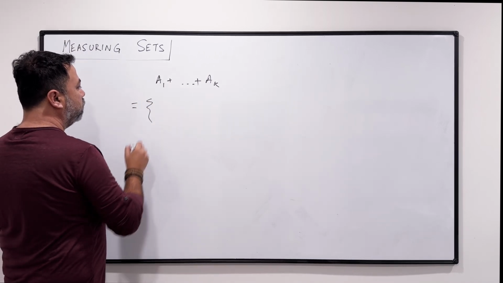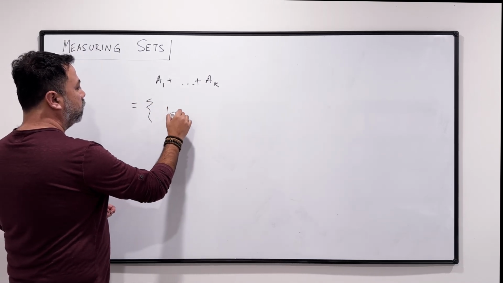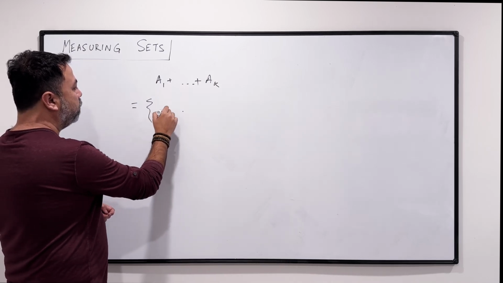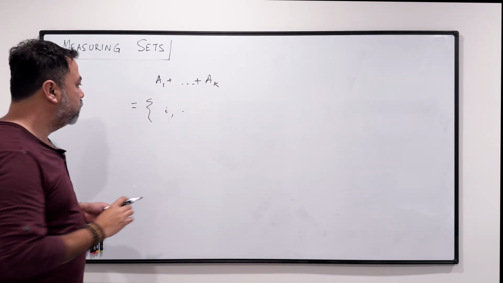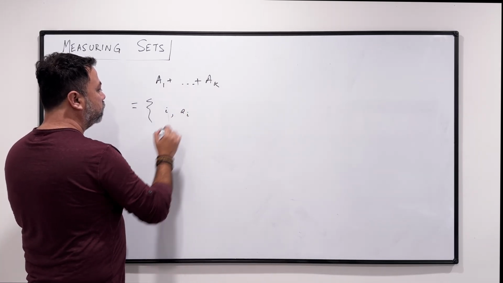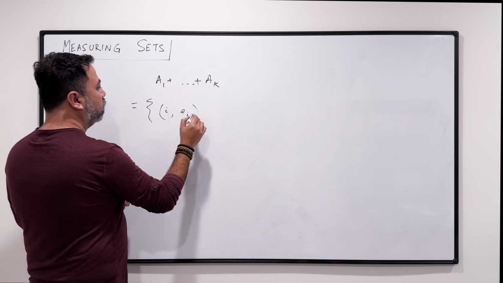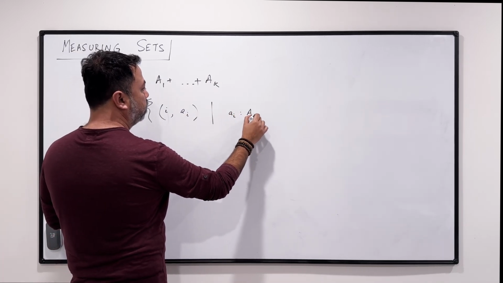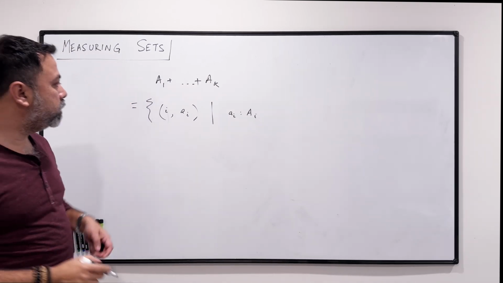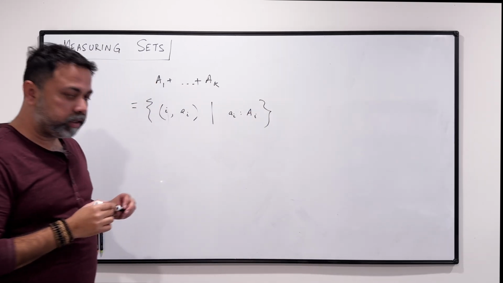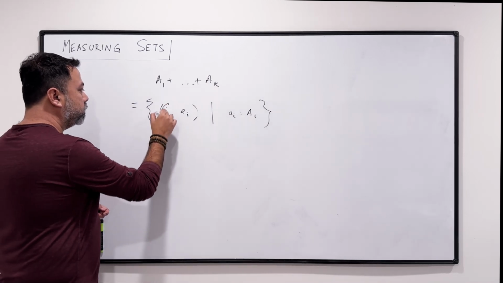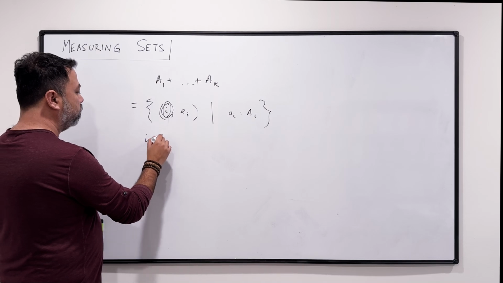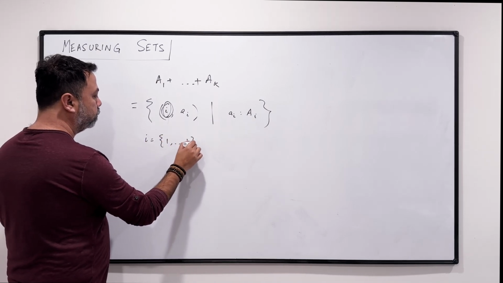I will define this to be an index i, and an element a_i from A_i, where A_i is coming from capital A_i. And how many such i's are there? There are k such i's. So where is this small i coming from? Well, i is coming from the set 1 through k, okay?